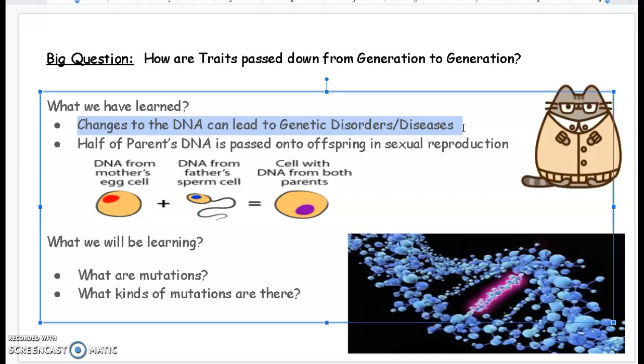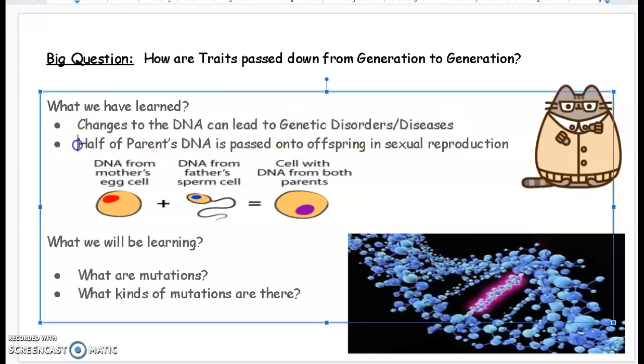That's a change to the DNA, and these changes can lead to genetic disorders. Now, we're going to build on to it. These changes can lead to defective body parts, so body parts that no longer work. Or, for example, perhaps you got a mutation for your fingers, and imagine your fingers are growing in a different direction. That's a big yikes. So think of it like that.